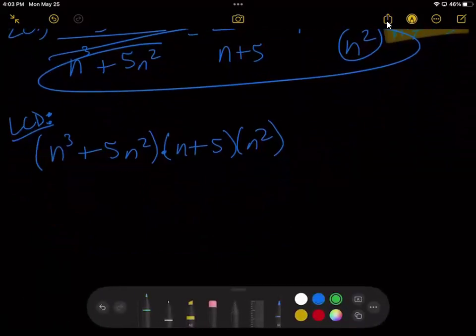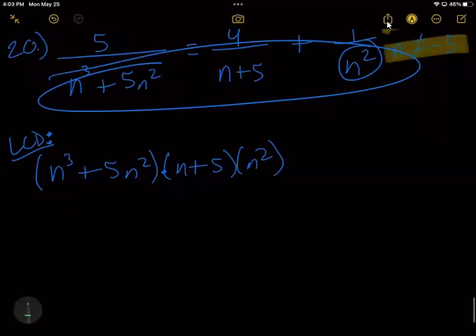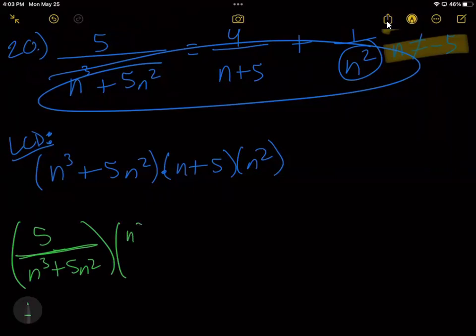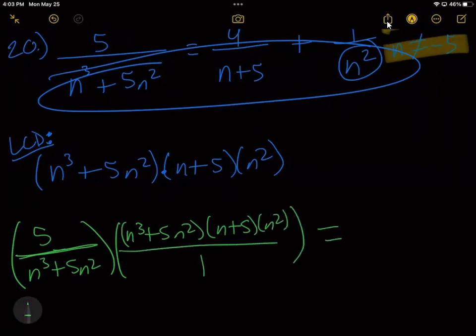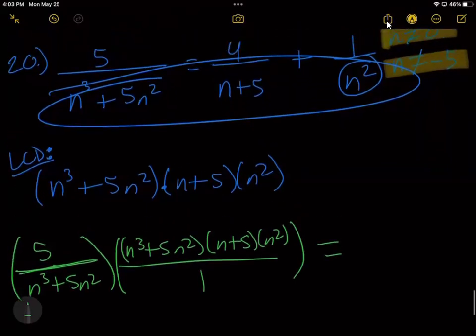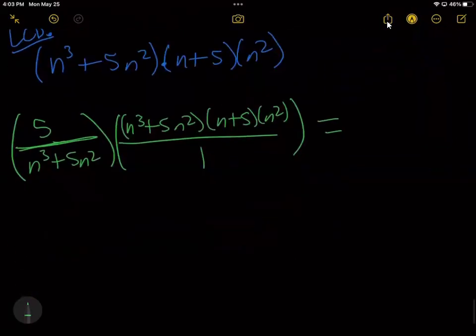So that turns into 5 over n cubed plus 5n squared. This is one single term, times my LCD, which is n cubed plus 5n squared times n plus 5 times n squared all over 1 equals, and I'm going to get to the other terms because this is really big, so I'm going to start simplifying this first.